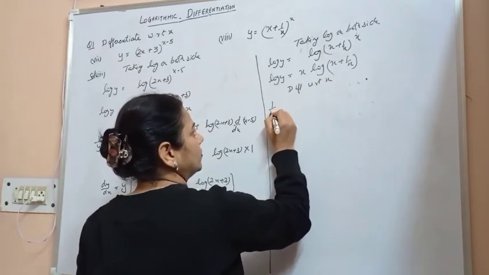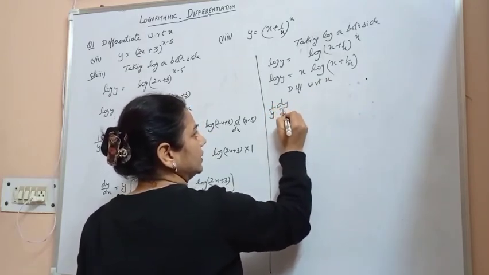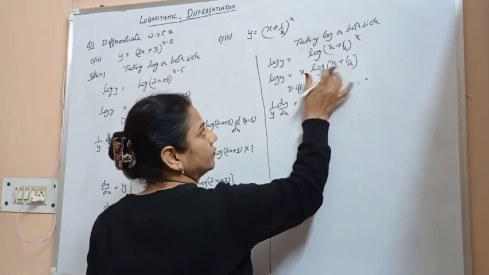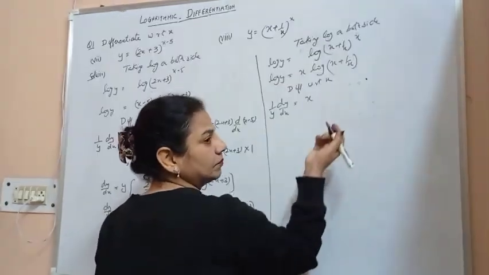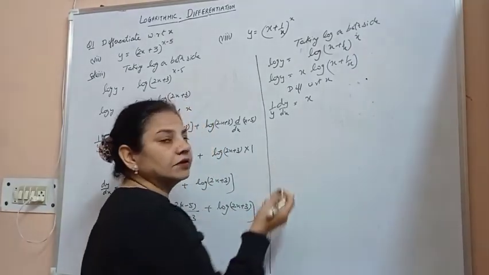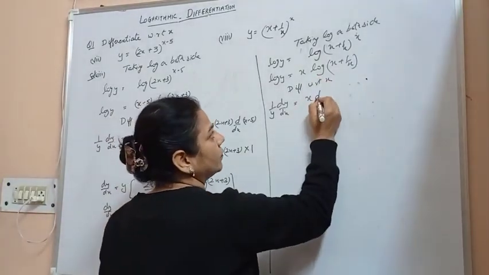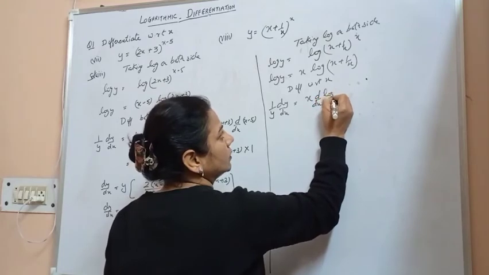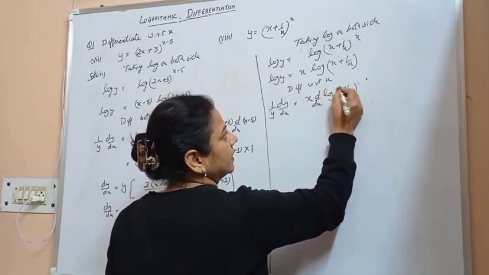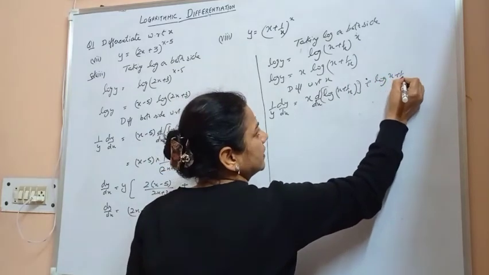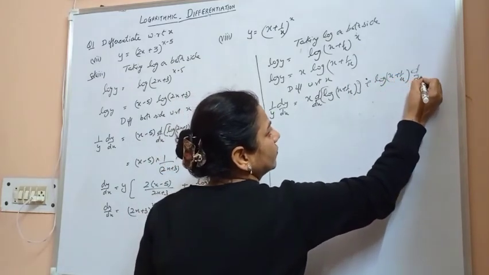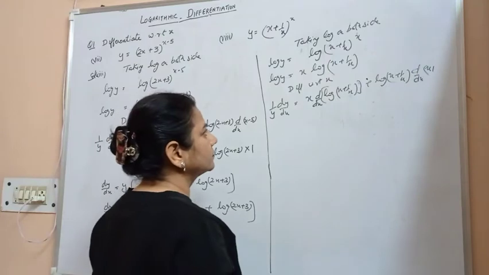We get 1 upon y dy by dx is equal to first function into derivative of second function. That is the product rule, we apply the product rule. Derivative of the second function is the derivative of log (x plus 1 by x), plus log (x plus 1 by x) into derivative of x only.